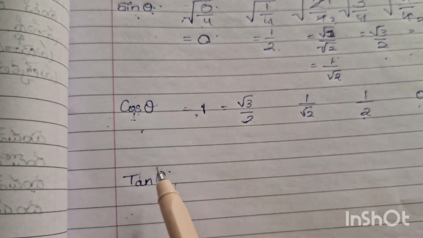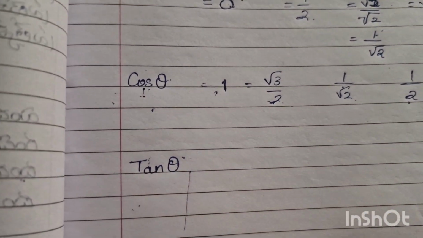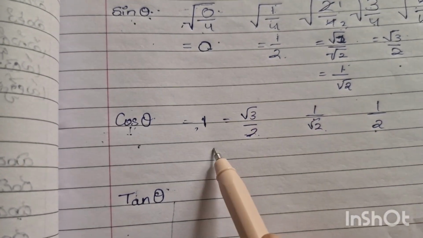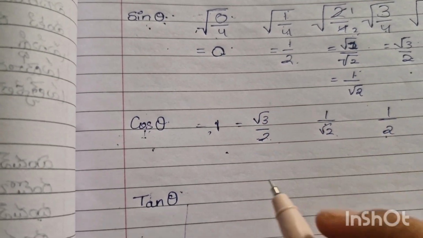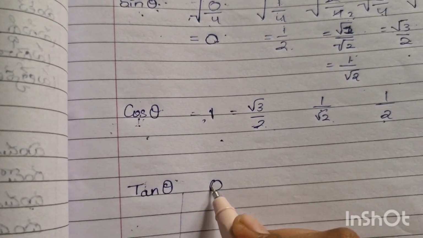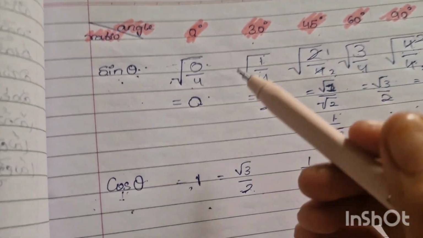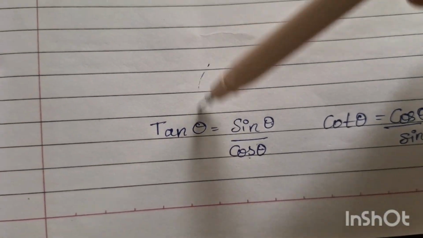So let us find. We know that tan theta is equal to sin theta by cos theta. Look carefully, I'm using this formula over here.